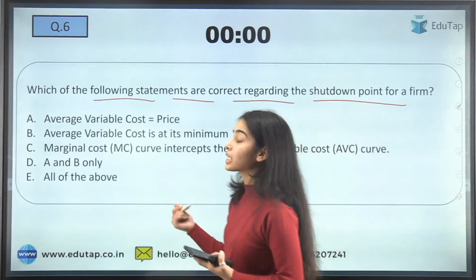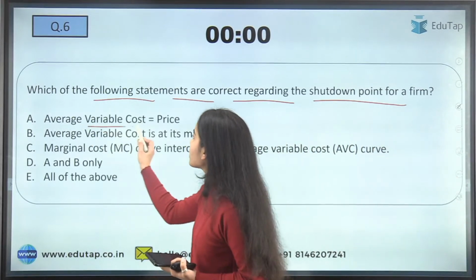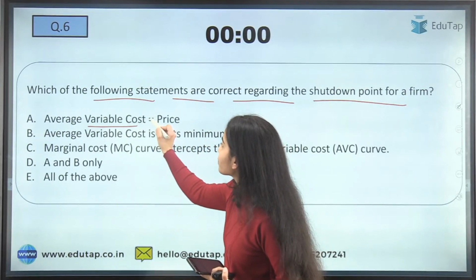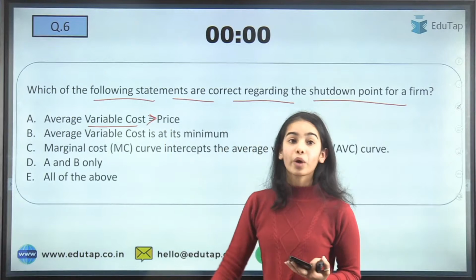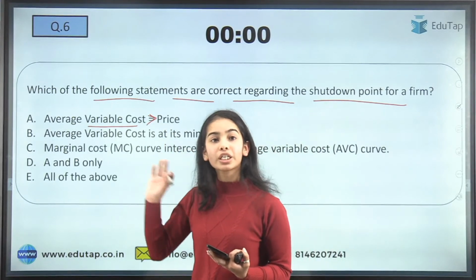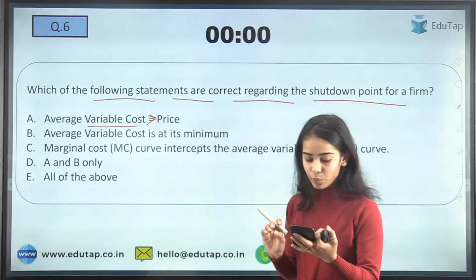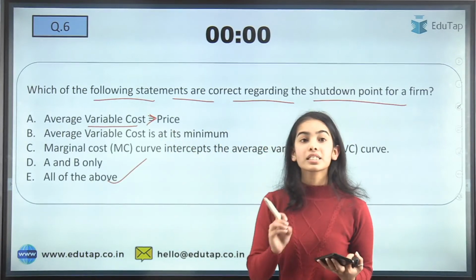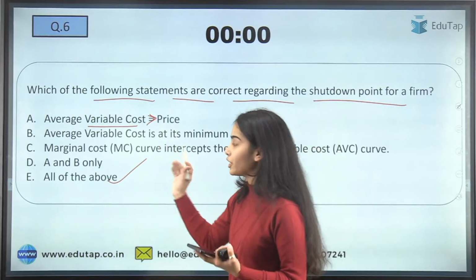The right answer for this one will be C. Average variable cost should be more than or equal to, if it is greater than price, then the shutdown will be permanent. Yes, shutdown will happen, and yes, all of the above is right.